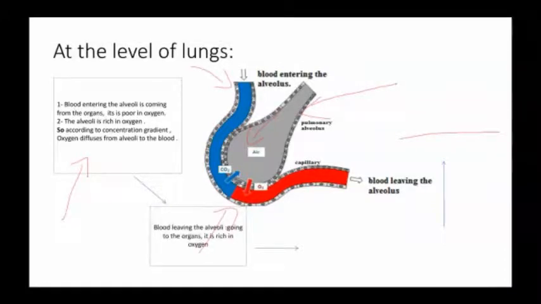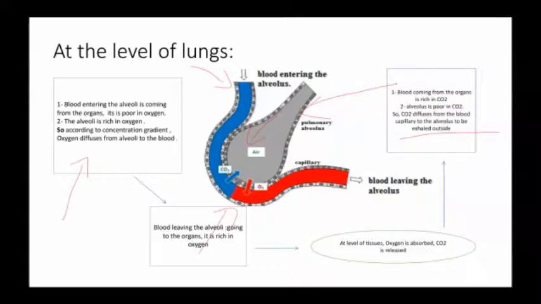Now, blood leaving the alveoli is going to the organs. Now it is rich in oxygen. What happens at the level of tissues or organs? Oxygen will be absorbed and CO2 will be released.